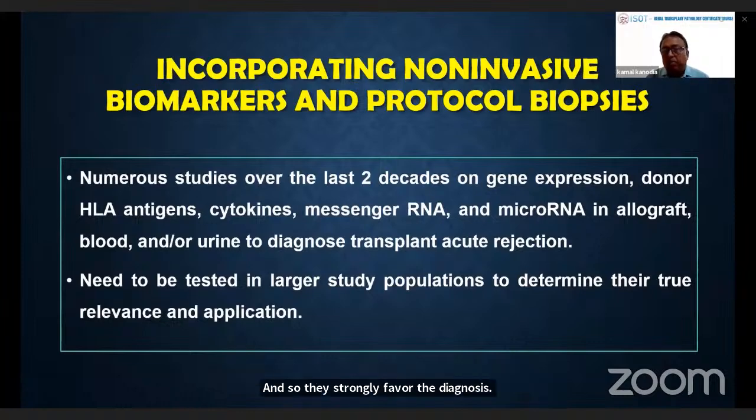But still, people believe that biopsies are the gold standard for the diagnosis of rejection, because these biomarkers still need to be tested in larger study populations to determine their true relevance and application. And even validation of these studies should be there.